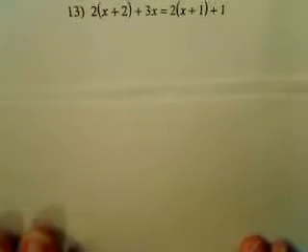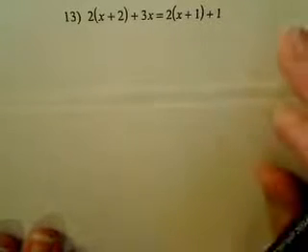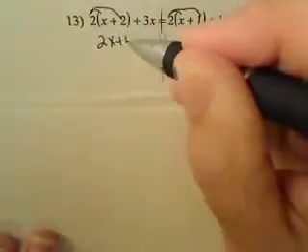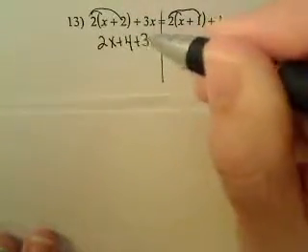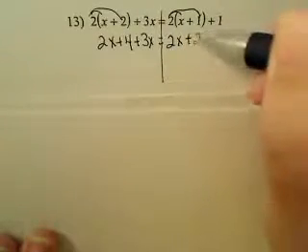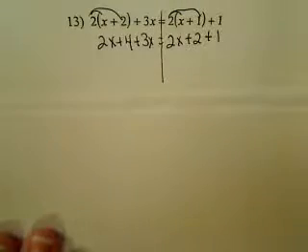The first thing that we're going to do here is the distributive. So we need to multiply what is in front times everything in the parentheses. So you do that first. So I have 2x plus 4 plus 3x equals 2x plus 2 plus 1.